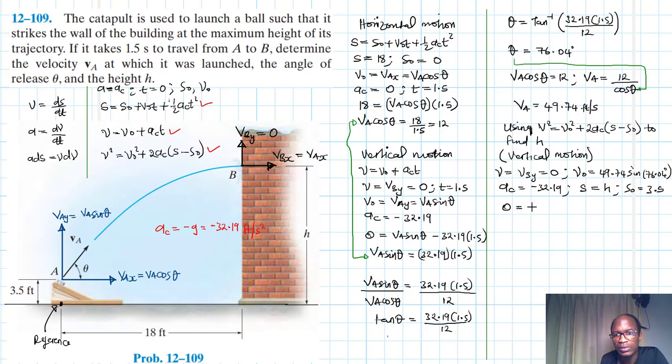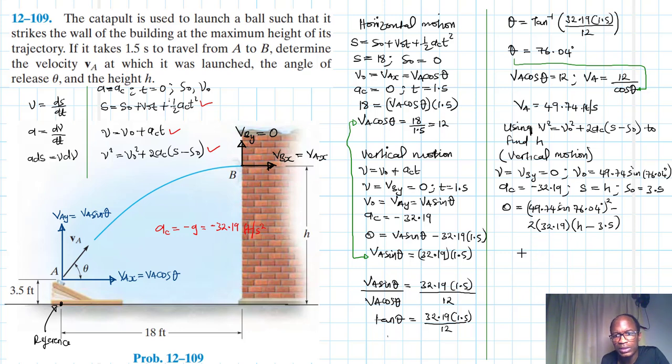V naught squared. So this just becomes 49.74 sine 76.04 degrees squared, and minus 2 by 32.19, then times S, which is our H, and minus 3.5.